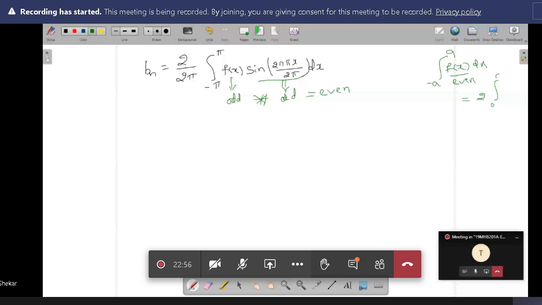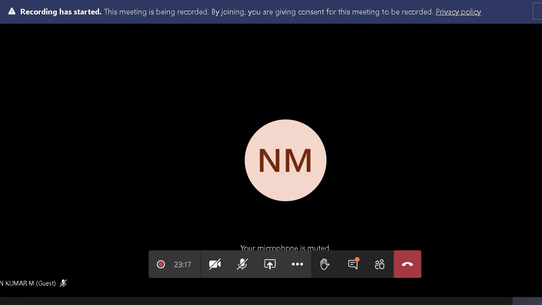So for an even function, instead of minus a to a f of x dx, I can just write 2 times 0 to a f of x dx. I can make use of this result and reduce the calculation. I hope it is clear. Now, since the integrand is even.